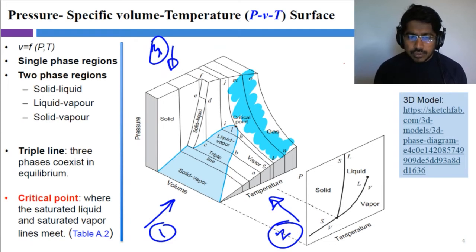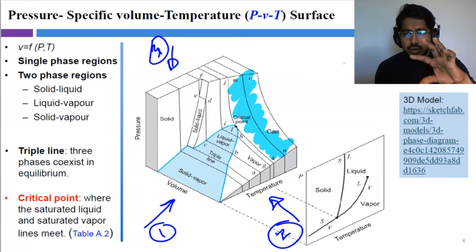In addition to these 2D projections, there's another cool source that you can check. The 3D model, I added the link here. I don't know the name of the author, but maybe sketchfab.com is who did it. And there they have this PVT surface as a 3D model. So you can go and rotate it and see for yourself, right?